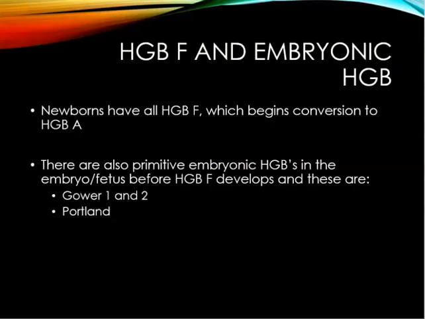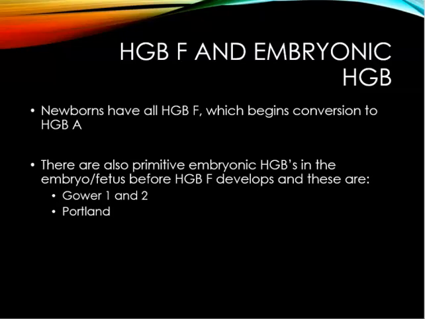Now let's talk a little bit more about hemoglobin F and those embryonic hemoglobins. In newborns, they only have hemoglobin F, but the hemoglobin F begins to convert to hemoglobin A eventually.